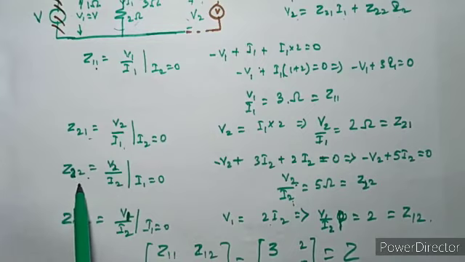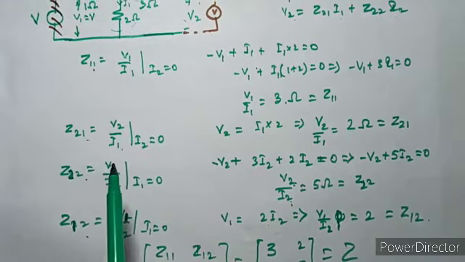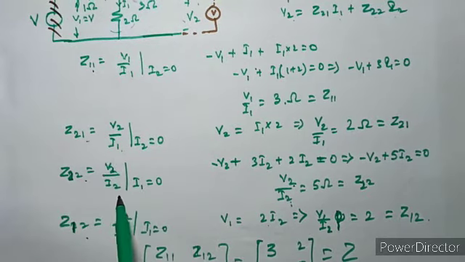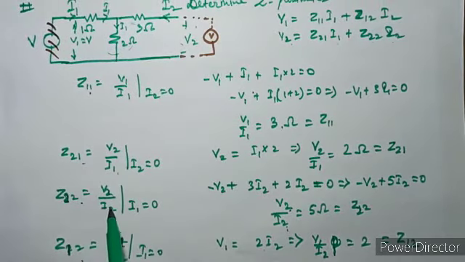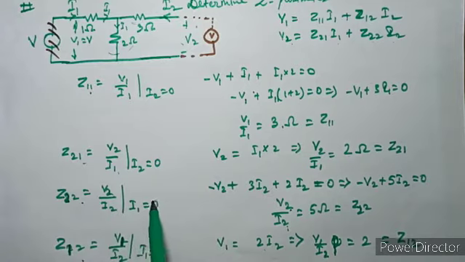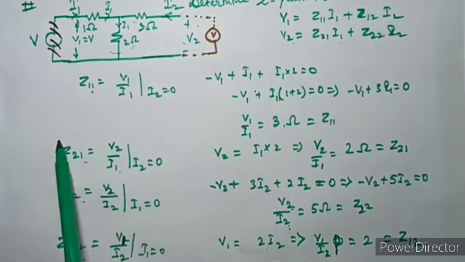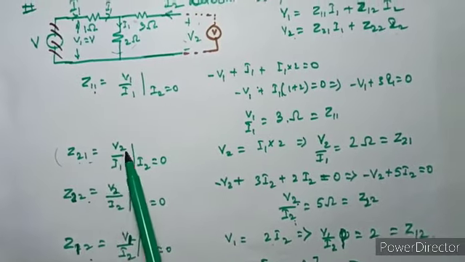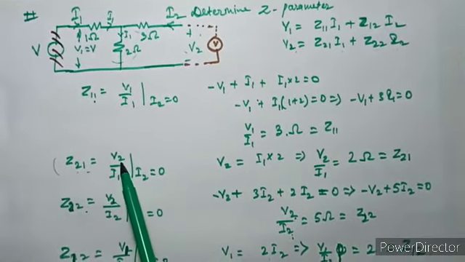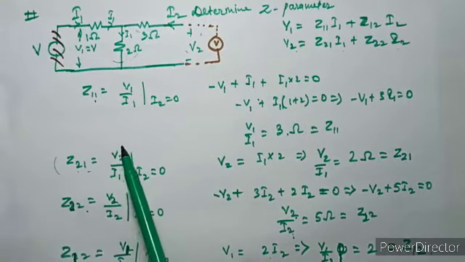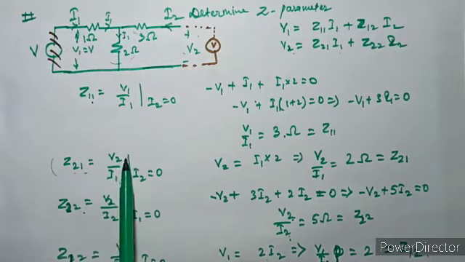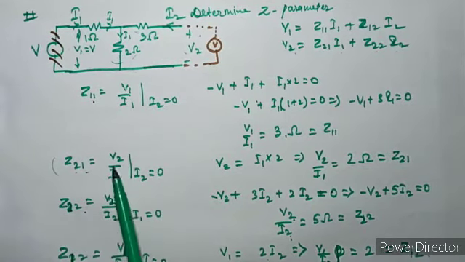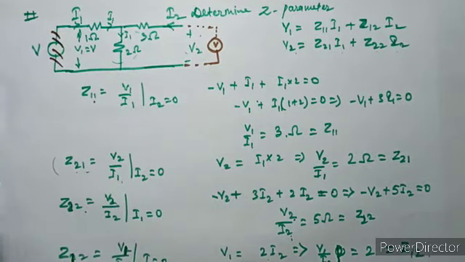Similarly, Z22 is V2 by I2, which are both port 2 quantities, so it is called the driving point impedance at port 2. Z21 is the ratio of two quantities at two different ports, V2 is the voltage of port 2 and I1 is the current of port 1.